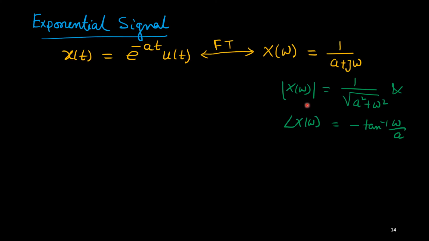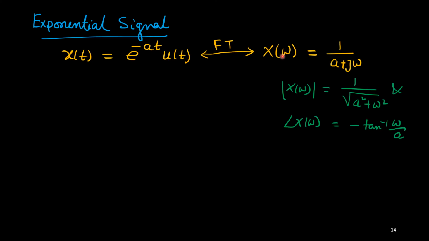Now for X of omega, its magnitude is 1 upon the square root of a square plus omega square. And its angle: as it is in the denominator, the numerator angle is 0, so 0 minus tan inverse omega upon a. That is the total angle contributed by this spectrum.